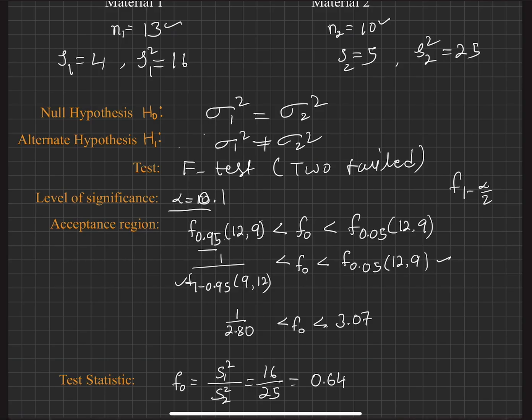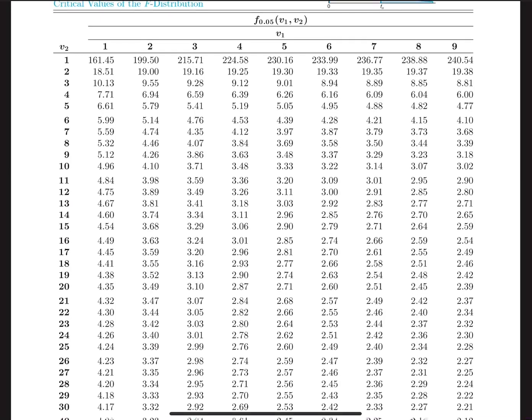The left side bound we have to convert in terms of F of 1 minus 0.95, which we will get as 0.05, with degrees of freedom 9 and 12. You can determine this from the table.